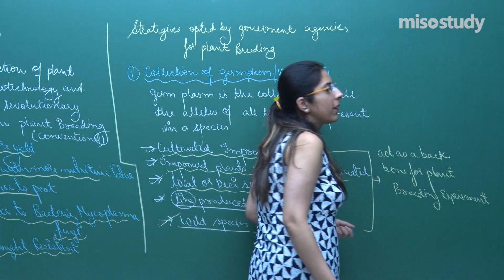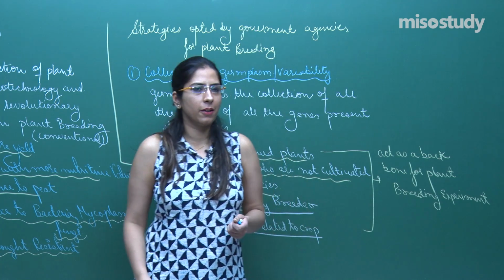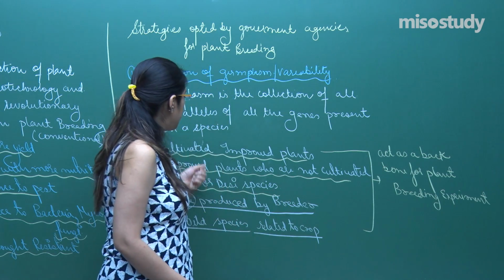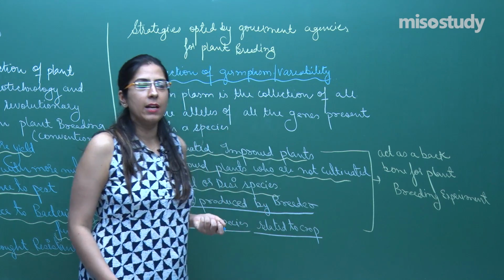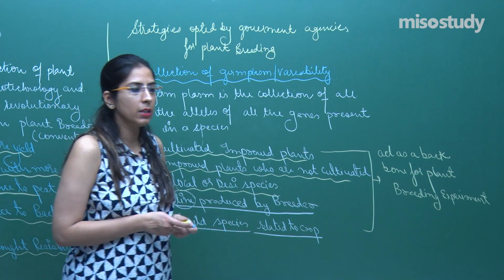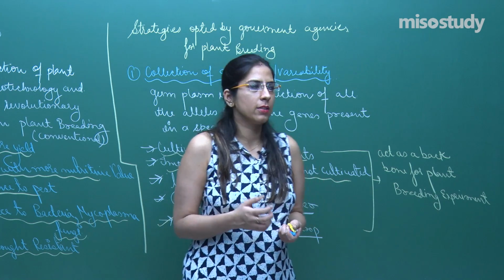If I do not have all these kinds of variability, I will not be able to conduct the plant breeding experiments. So all these species, these characteristics, these parts of the crop which I have collected will act as a prerequisite so that the manipulation can be done in the natural genes, right.